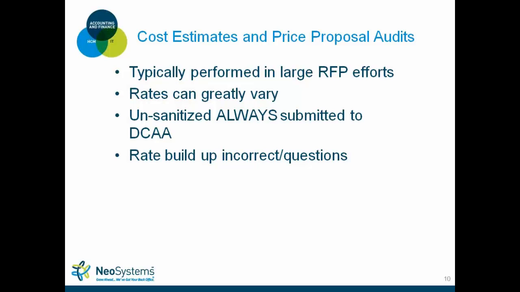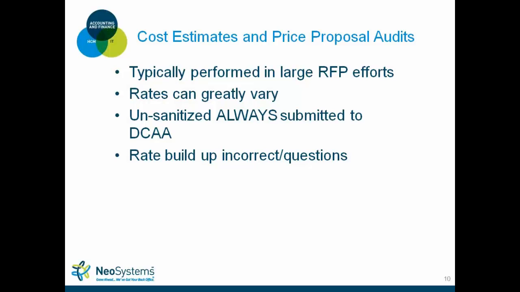So when performing this exercise, sometimes DCAA will come in and take a look at how you built up a cost rate or what your methodology is in coming up with a price to the government.